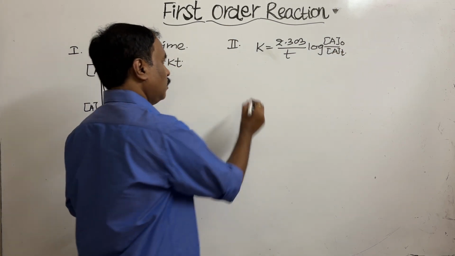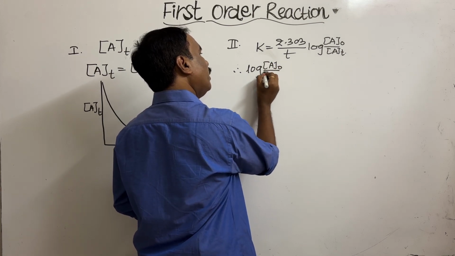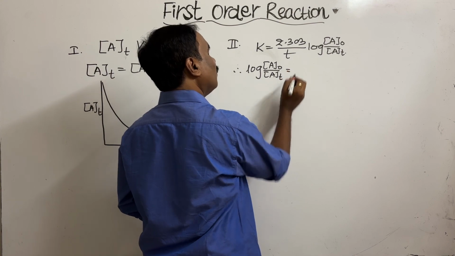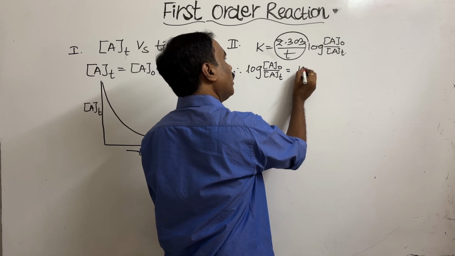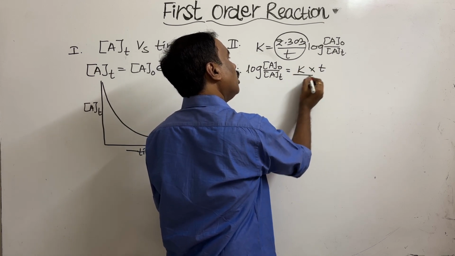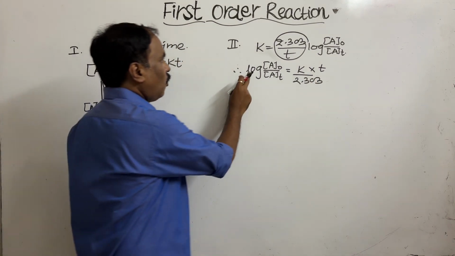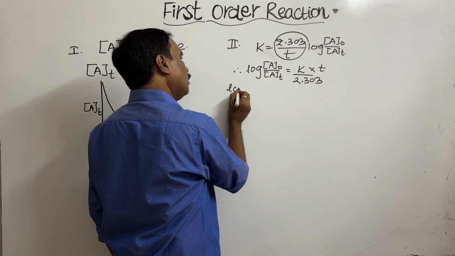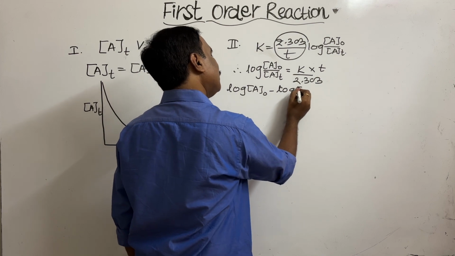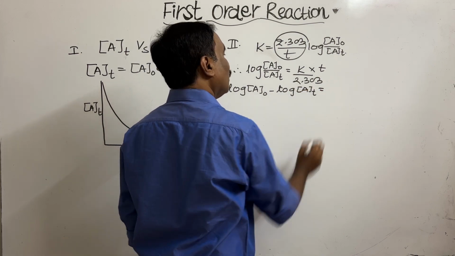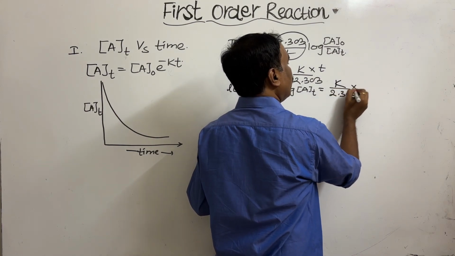For this we can write log of A0 upon AT is equal to, I will shift this total term to this side, K into t upon 2.303. ठीक है, अभी ये log of A0 upon AT, so we can write log of A0 minus log of AT is equal to K upon 2.303 into t.